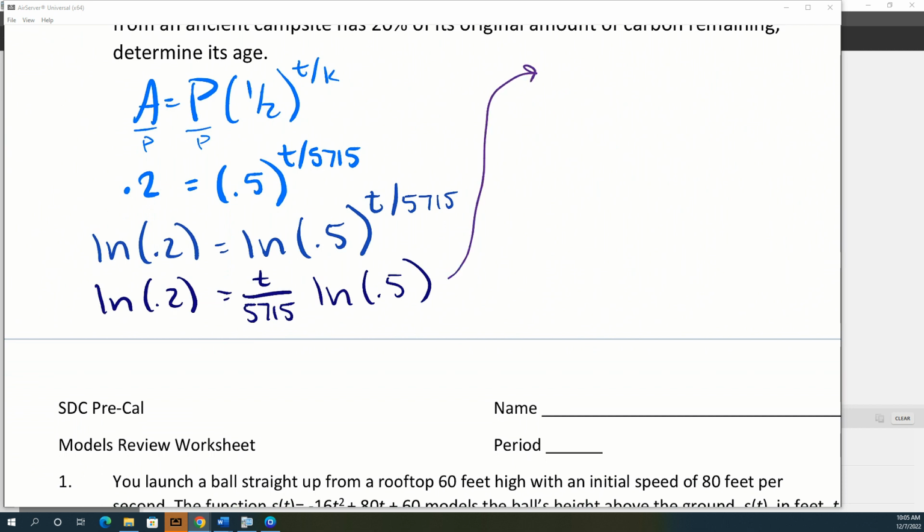And then you can kind of do this in whatever order you want to. I particularly don't really like that fraction. So when I see that 5,715 on the bottom, I'm just going to multiply by it.